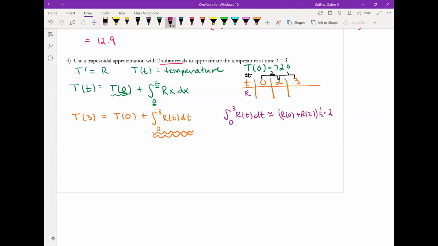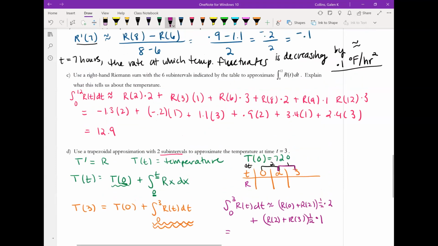That's my first trapezoid. My second starts here and goes from 2 to 3. So I'm going to add to that r of 2 plus r of 3 in parentheses, because I'm going to multiply that sum by 1/2, and I'm going to show that I'm multiplying by my change in t, which is 1. So if we carry that out, I've got to go back up to the table to see what those were.